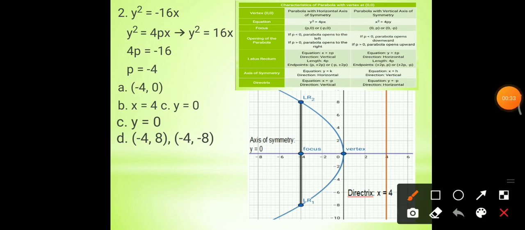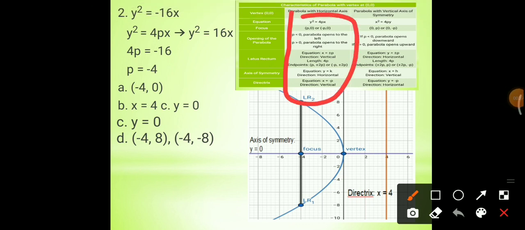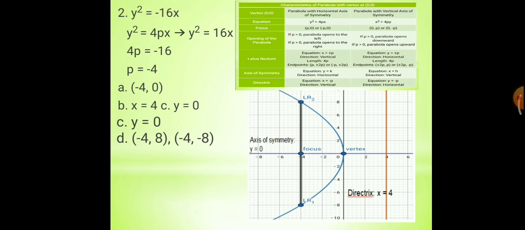We will be using these equations. So we have the focus at (negative 4, 0). In finding the directrix, we just need to substitute the value of p.